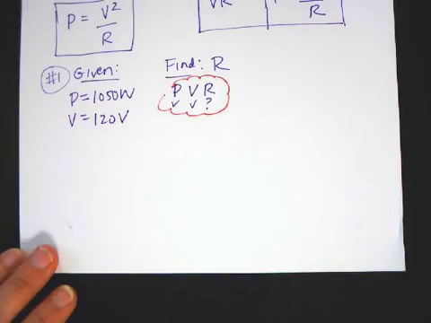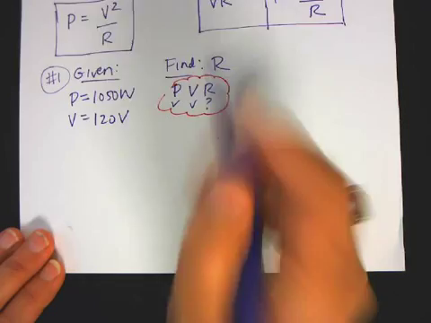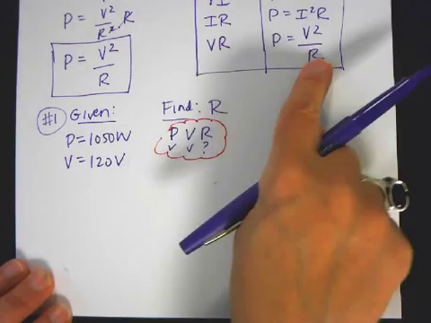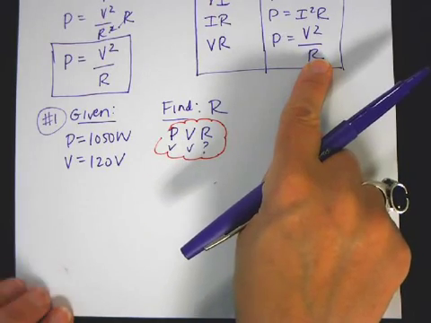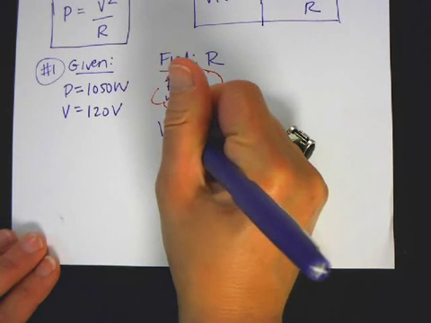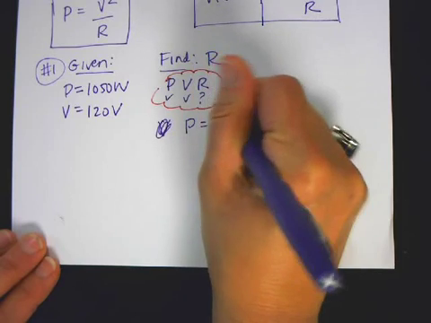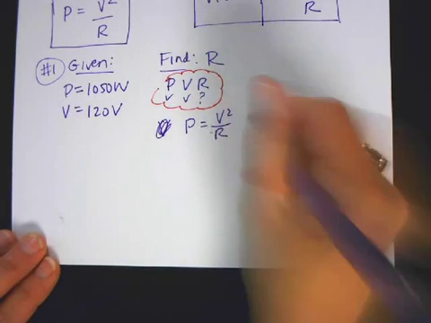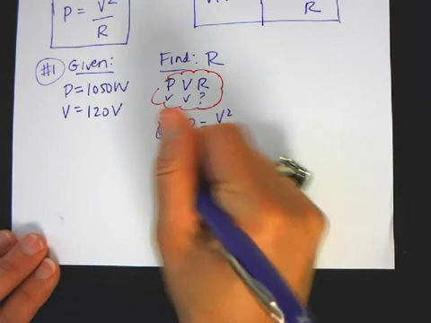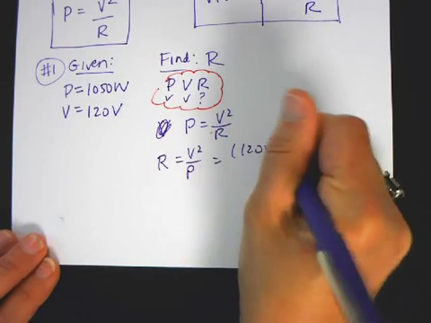So when I look here, which is the one that has V and R? Well, it's this one. That's why I want to use that equation. I'll write it in its basic form: P is equal to V squared over R. But I want to find R, so I'm going to rearrange the equation to solve for the unknown in terms of the known. So R is equal to V squared over P, so it's equal to 120 volts squared over 1,050 watts.